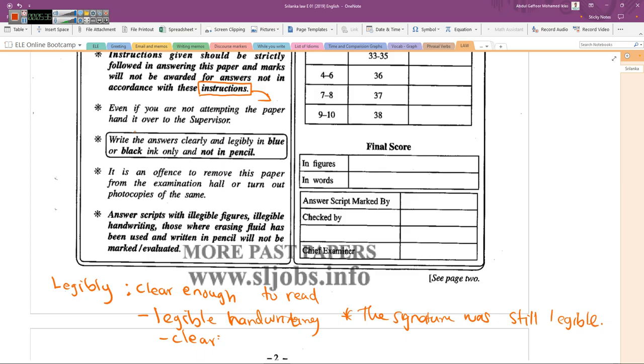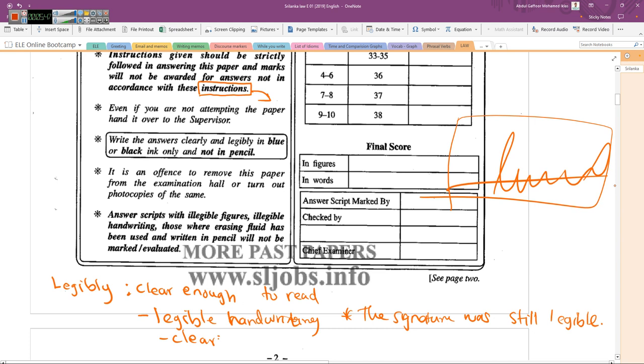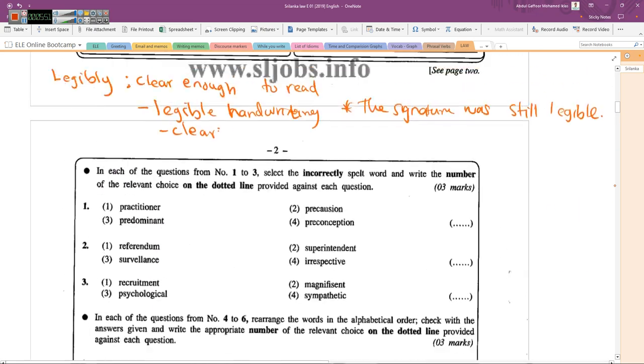What I mean by this is, if you are asked to place your signature, you will just scribble on the paper. This doesn't look nice, but his signature was still clear. That's what we mean by this sentence.